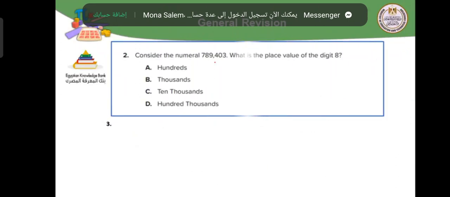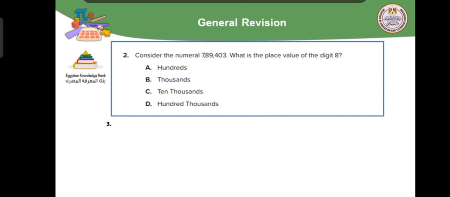Consider the numeral 789,403. What is the place value of digit 8? Which digit 8 here? Remember together. Write the place values at the top of the number from right to left. Begin with ones, 10, 100, 1,000, 10,000, 100,000. When I point to digit 8, I say what? 10,000.